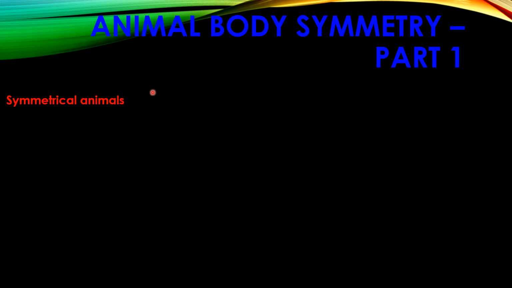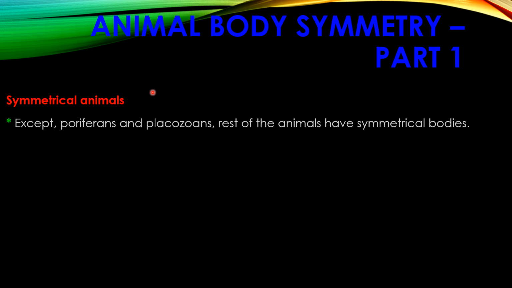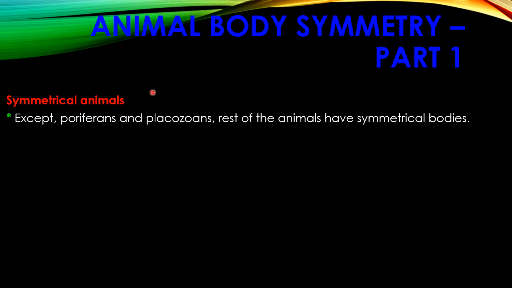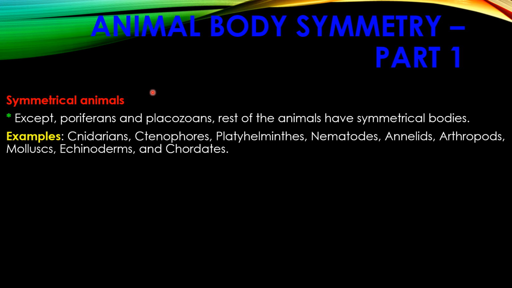Let's take symmetrical animals. Except asymmetrical poriferans and placozoans, the rest of the animals have symmetrical bodies. Who are those animals? Cnidarians, ctenophores, platyhelminthes, nematodes, annelids, arthropods, mollusks, echinoderms, and chordates.